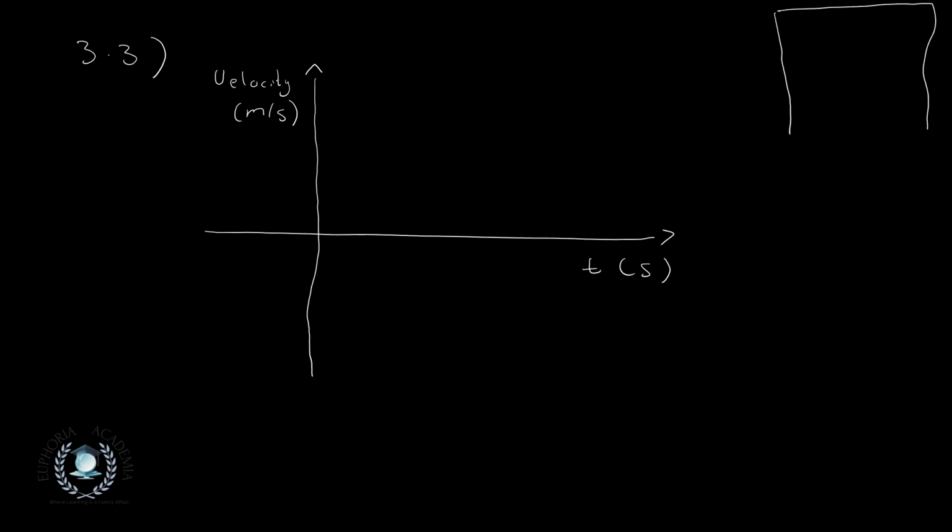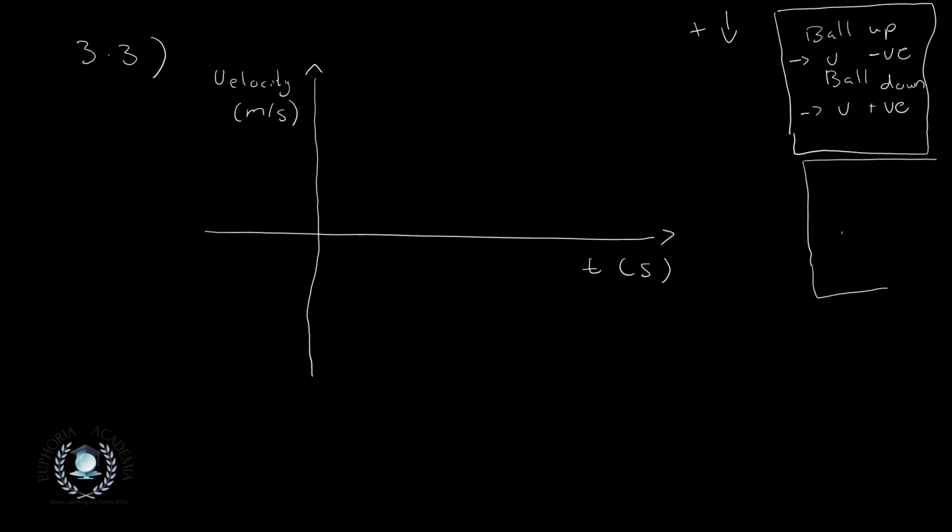Things to note. When the ball is launched up, we took downwards as positive throughout this whole question. So if the ball is launched up, that means the velocity will be negative. And if the ball is going down, our velocity will be positive.